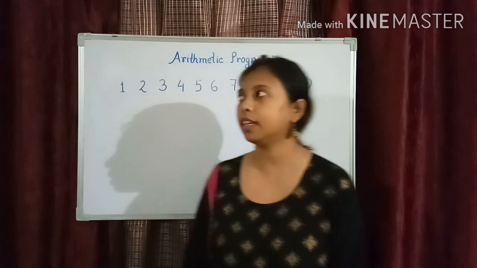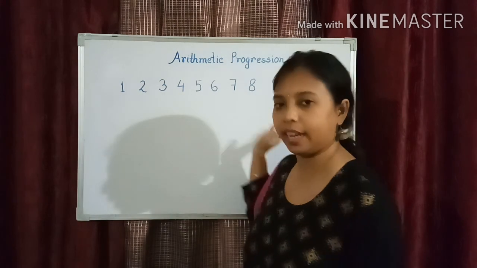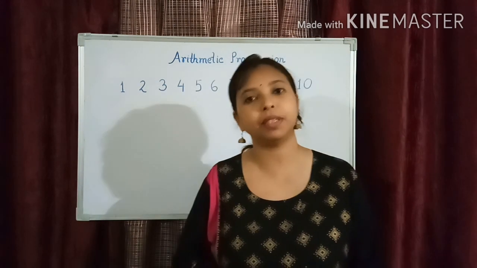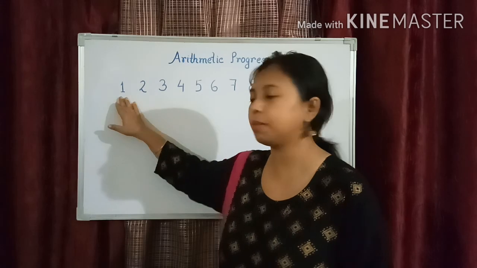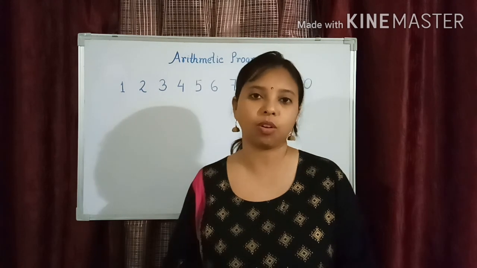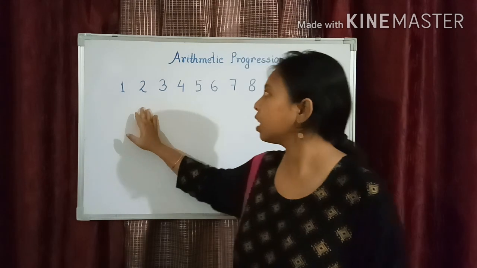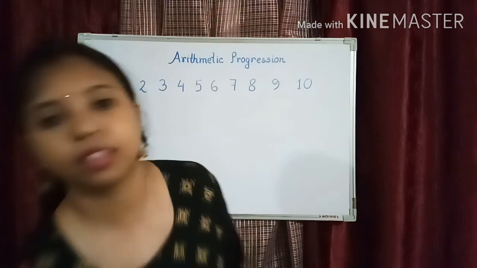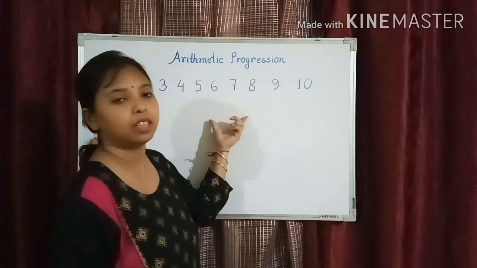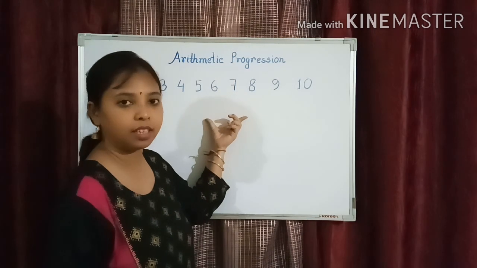Here if you look at the series, this 1 to 10 series itself is an AP series, because here the first term is 1 and the common difference is also 1. Each term increases by 1. If I want the answer, then first of all I write down the same series in a different order.